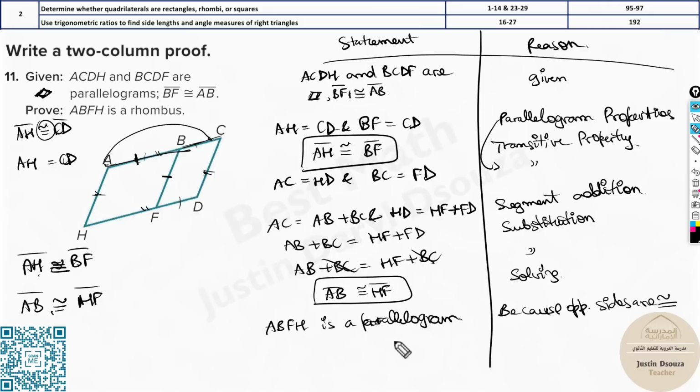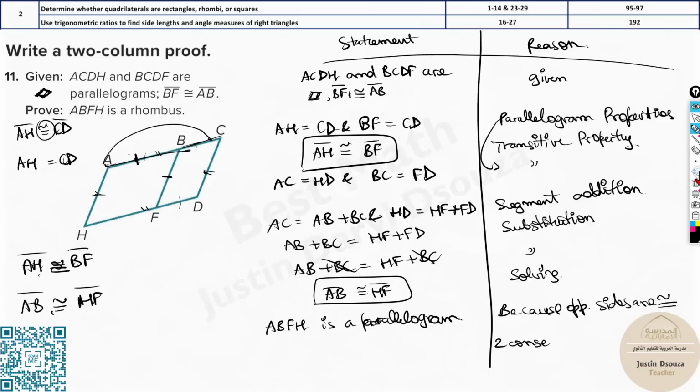Now, if this is the case, then we know there is a rule: when two consecutive sides, AB and BF, are equal, right? When two consecutive sides, you should write two. Don't write any numbers. When you're writing in words, you just write everything with words.